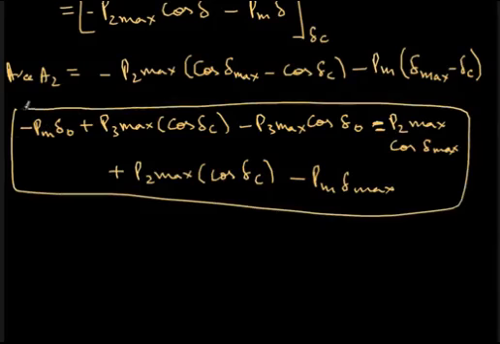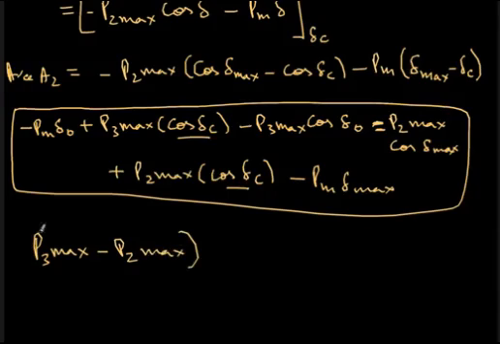From this entire equation, I want to solve for cos of delta C. So how to solve for cos of delta C? You see these two are here, so I can bring these two terms to the left side. So P3 max minus P2 max multiplied by cos of delta C. This I will keep on the left side. Remaining all terms I will transfer to the right side of the equation. So this Pm will go to the right side.